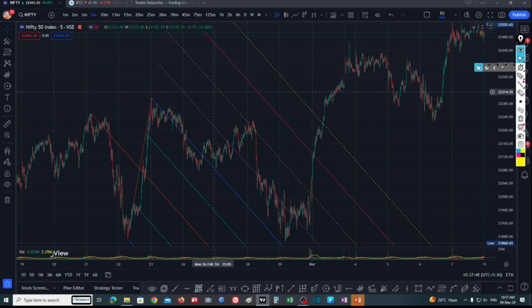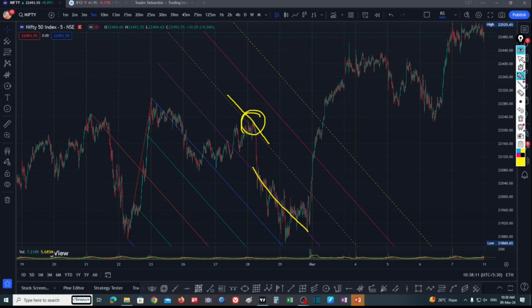In this warning line, price stopped going upside, there is a rejection, and this also works as a support area, these work as a resistance area.